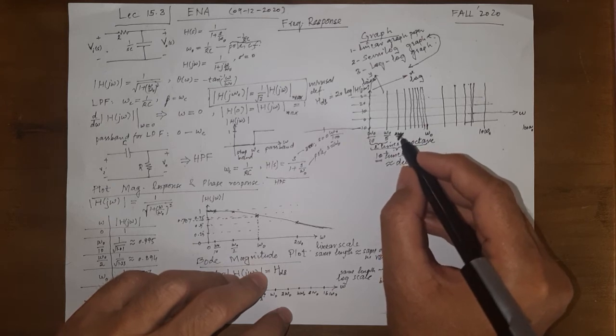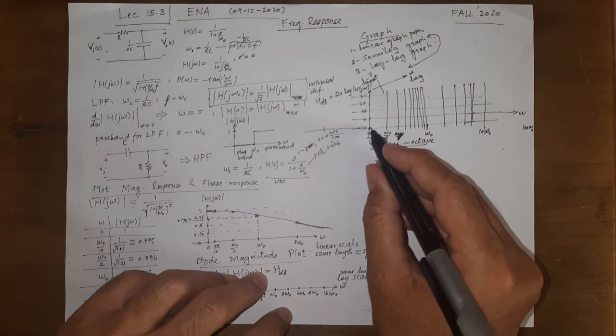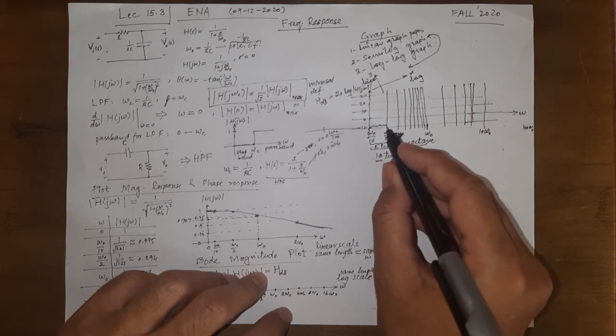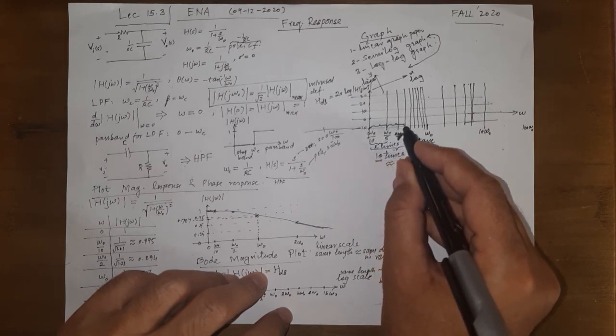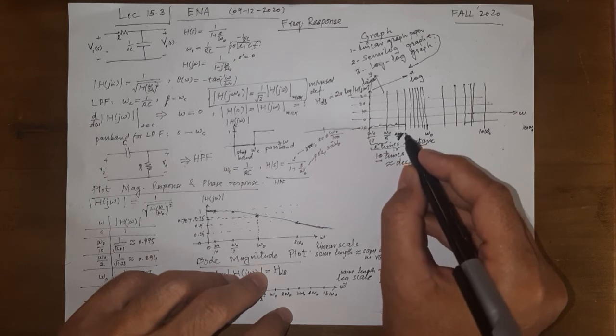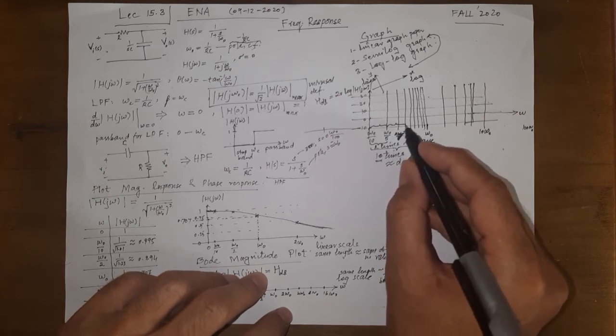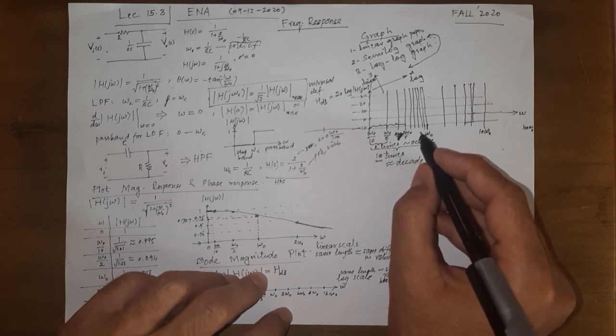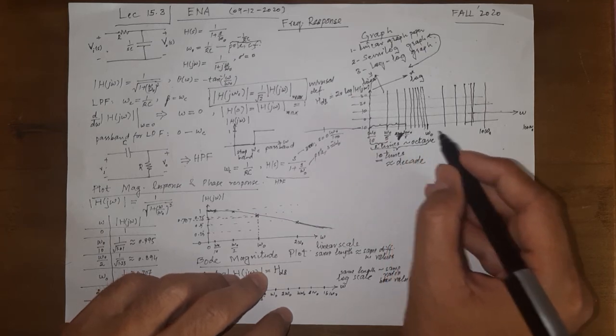To mark the point of 2 omega naught by 5, it has to be this distance away. So this distance would be maybe something like here. This would be marked as 2 omega naught by 5, and a similar distance away it would be 4 omega naught by 5 and then omega naught.